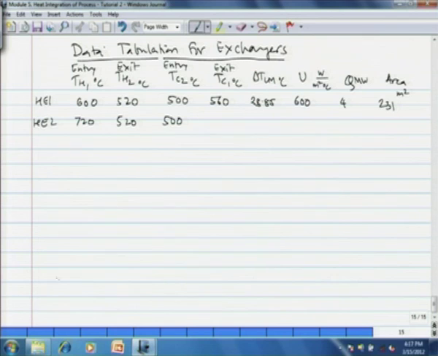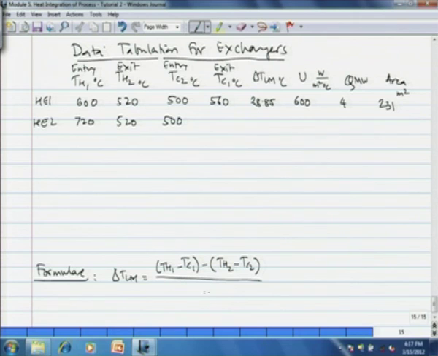Below here I give the formulae which I have just said. Formulae: delta TLM is equal to (TH1 minus TC1 minus TH2 minus TC2) divided by ln of (TH1 minus TC1) divided by (TH2 minus TC2).